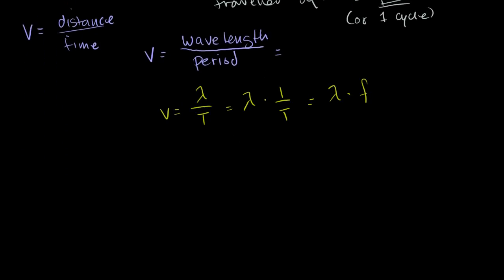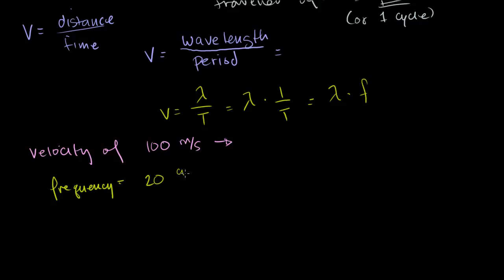So for example, if someone tells you that I have a velocity of, I don't know, 100 meters per second to the right. You have to give a direction. And they tell you that my frequency is, let's say, 20 cycles per second, which is the same thing as 20 hertz.